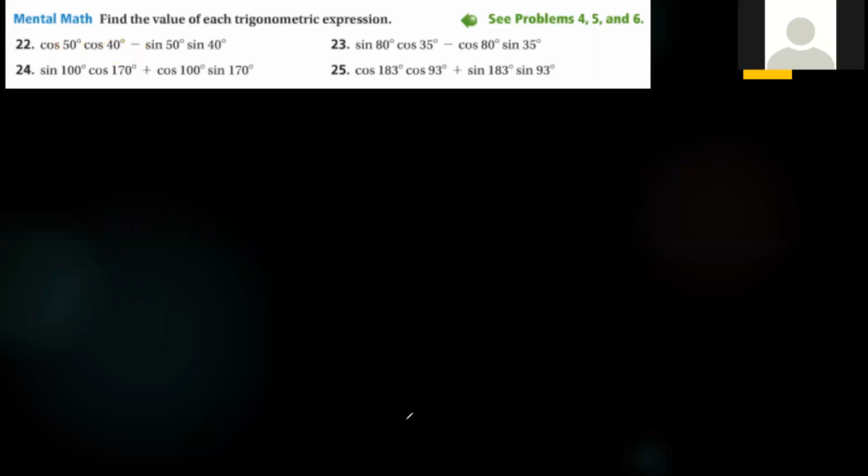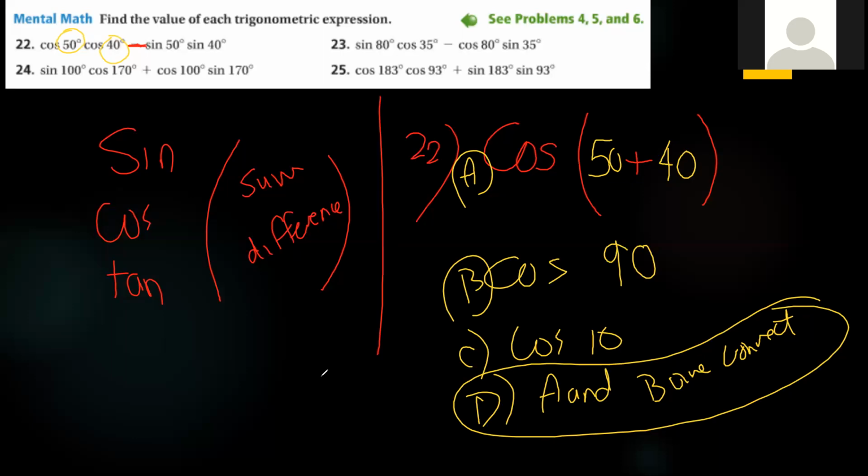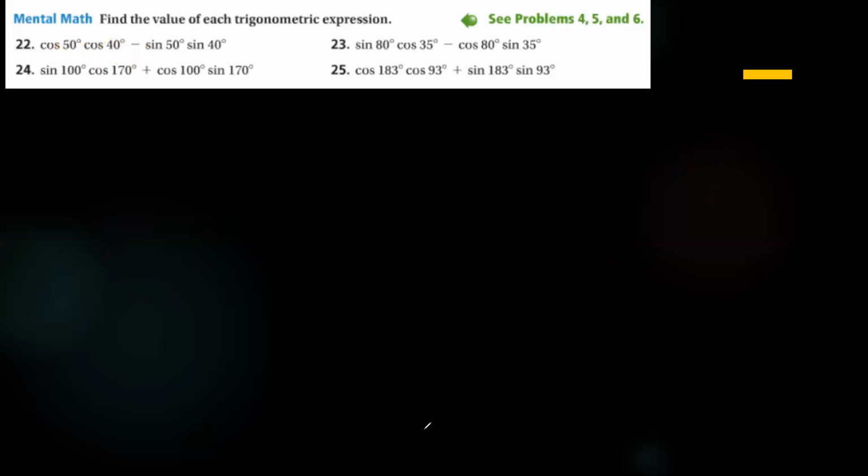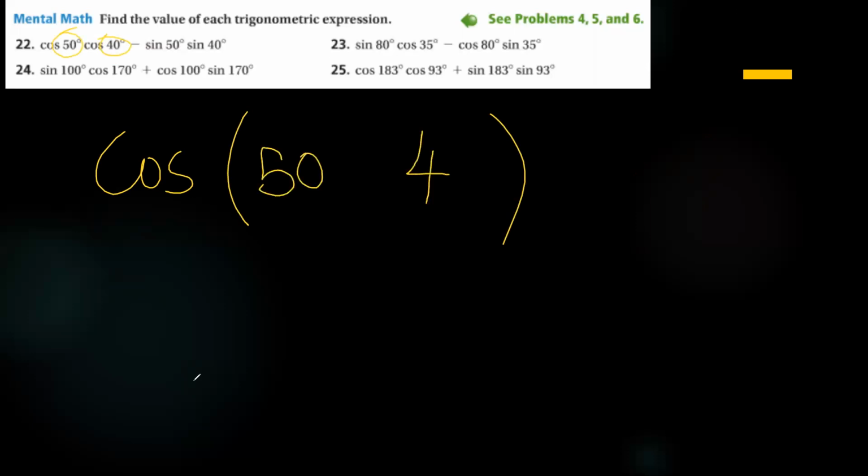Teacher, can you repeat how you know if it's plus or minus? Right. First, you have to see that here we have cosine, cosine. If you have sine, cosine at the beginning, it means sine. Cosine, cosine means cosine. So I will write cosine. What did we have here? Two numbers, 50 and 40.